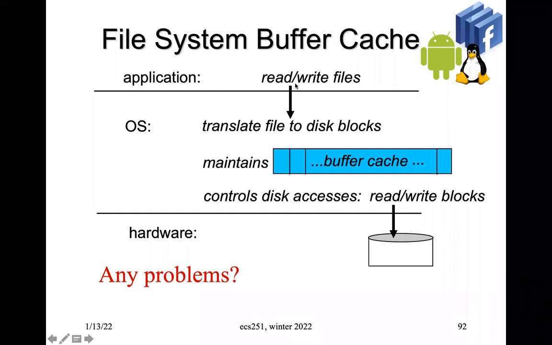But pretty much any modern system has this problem called the buffer cache inconsistency problem. In order for us to achieve higher performance in information access or disk access, we always cache the disk blocks that you're interested in accessing to memory.